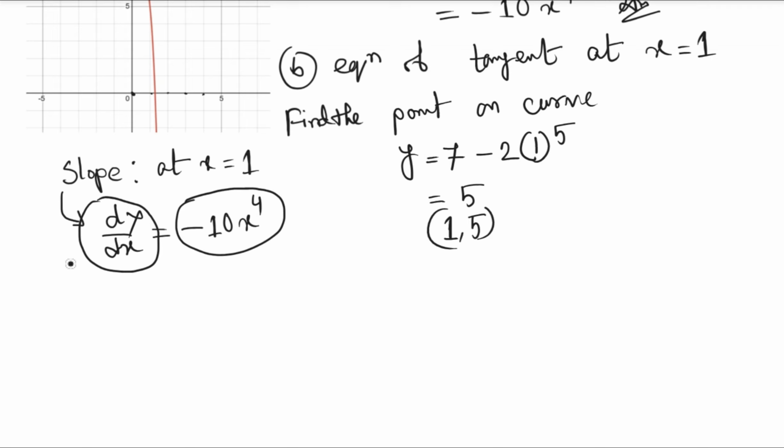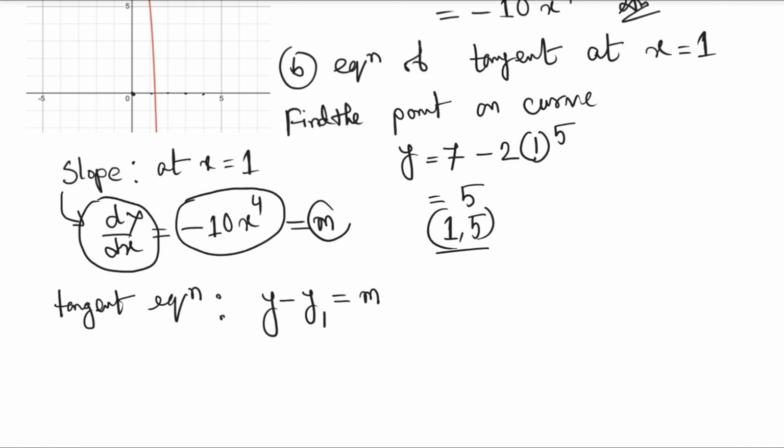Now use the slope and the point in the straight line equation. The tangent equation is a straight line equation. When we have the slope and a point, write y minus y1 equals m times (x minus x1), where m is the slope. This is the fundamental formula of a straight line.